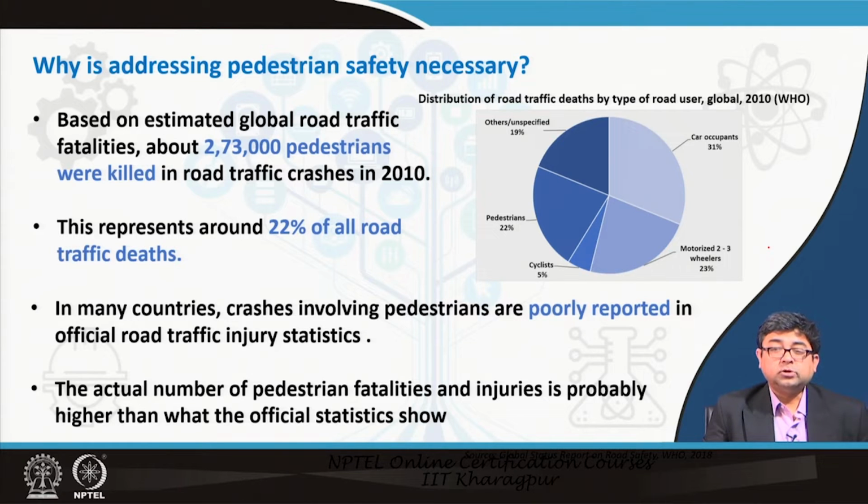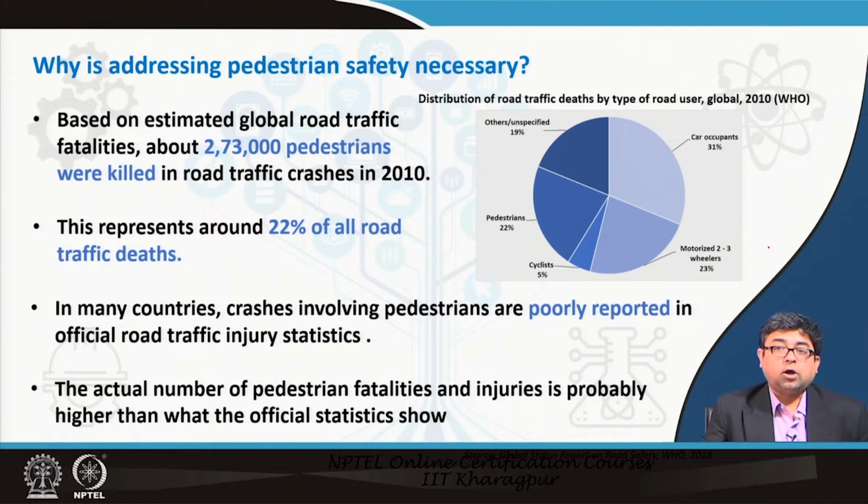We almost lose 400 lives on Indian roads every day on an average. So, on an average every day an equivalent of a Boeing plane crash happens on our roads, but unfortunately not that degree of effort is being put into reducing these accidents.